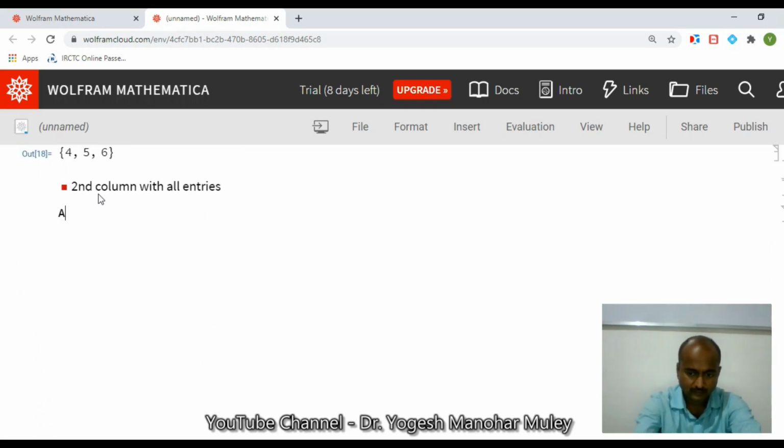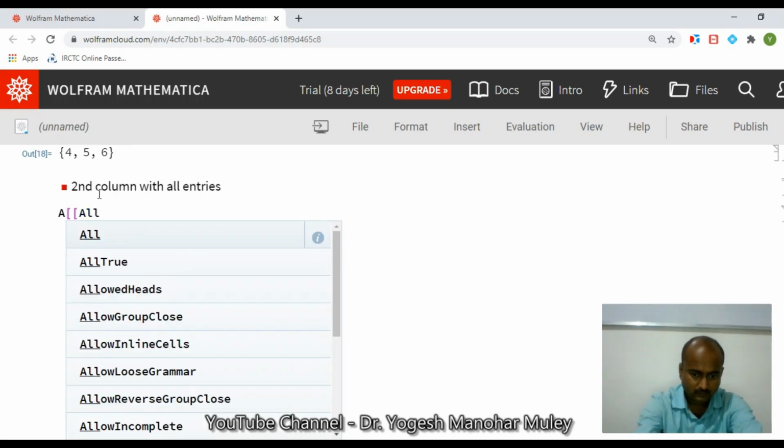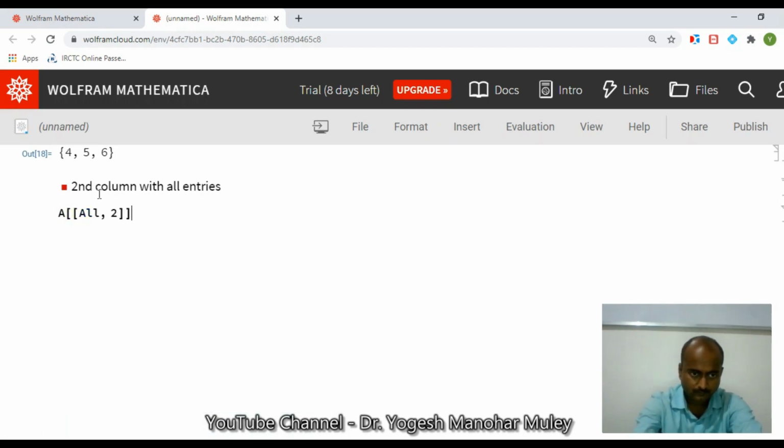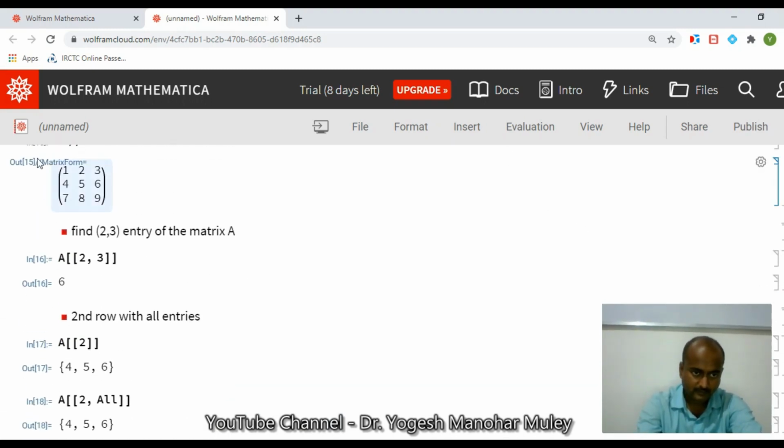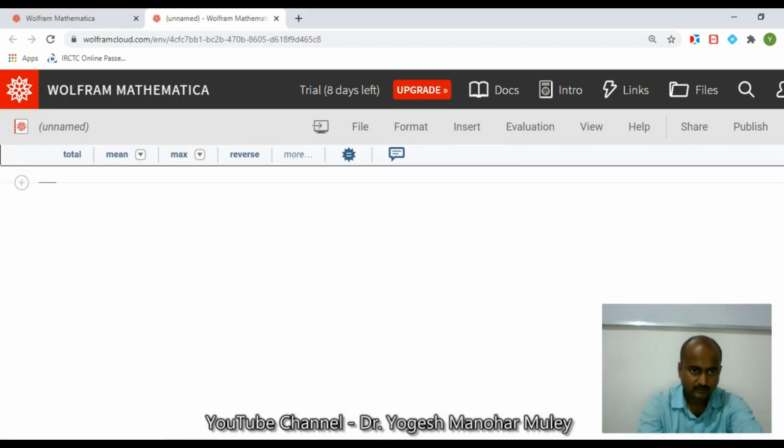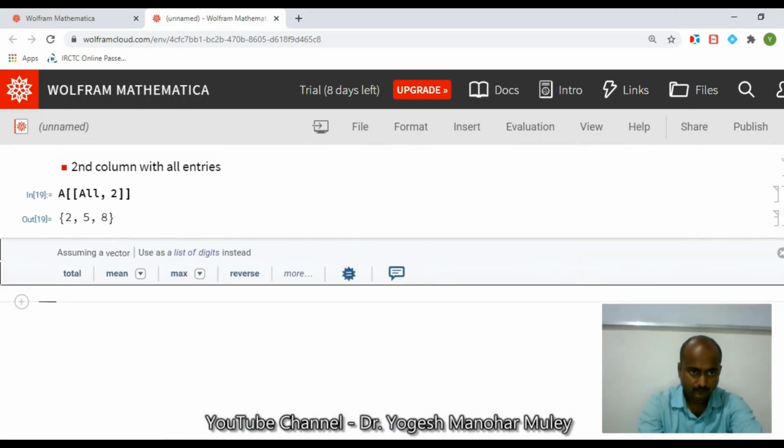So capital A equals All, 2. This will give us 2, 5, 8. So this is the second column. For that we must require here all rows and the second column. So with the help of this we can find out.